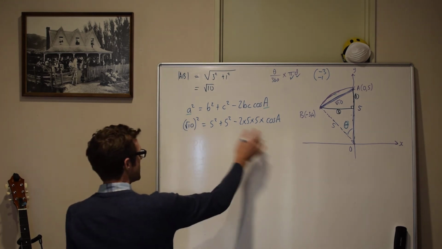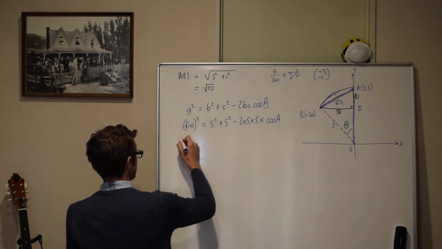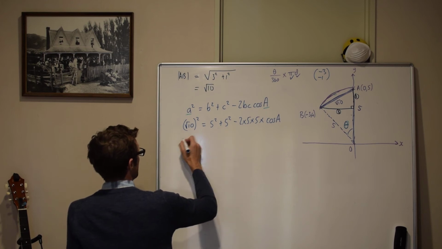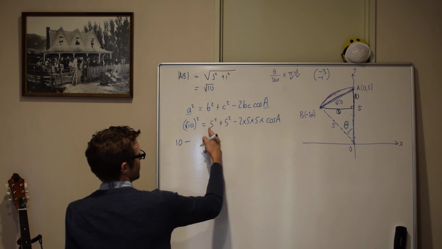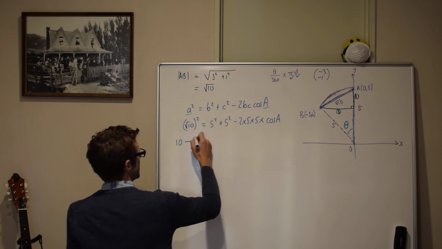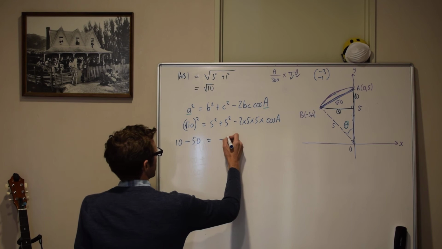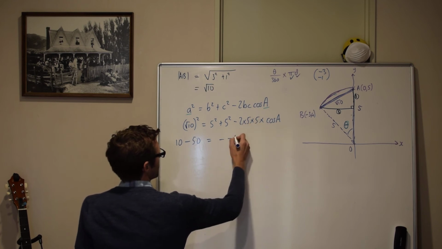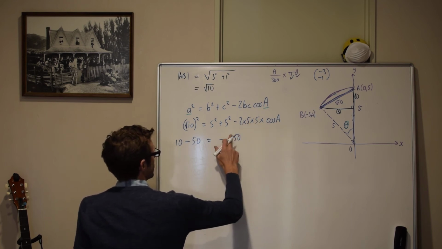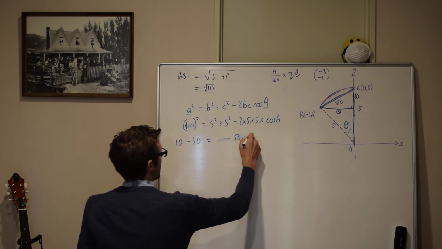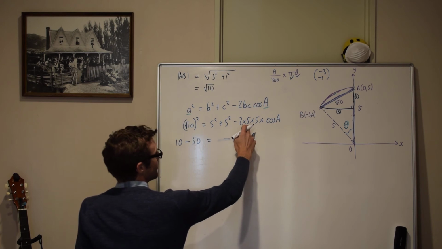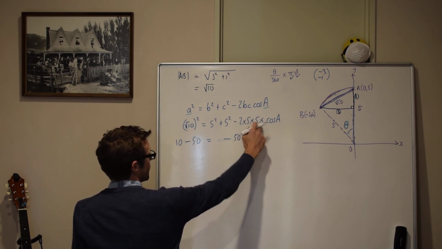Now, we can pull everything across. So, this is 10. 10 minus 25 plus 25, so that's minus 50, equals negative 50 cosine A. 2 times 5 is 10, 10 times 5 is 50.